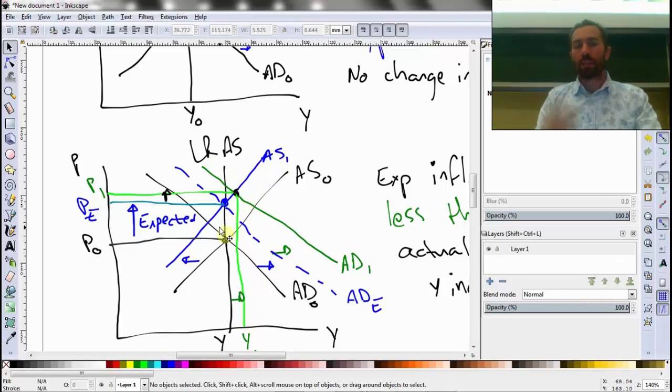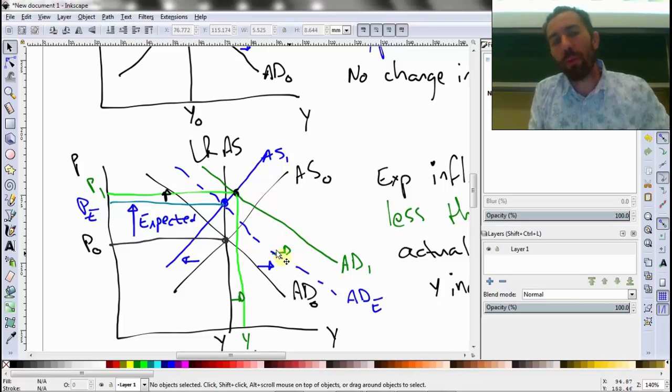If our expectations of inflation are fixed, okay, so we expect inflation to be this level here, the difference between PE and P0. So we shift our aggregate supply curve to this position. This represents our expectations of aggregate demand. We expect aggregate demand to be there. Okay? If we increase aggregate demand by more than the expectation, by more than the expected increase in aggregate demand, what do we end up with?